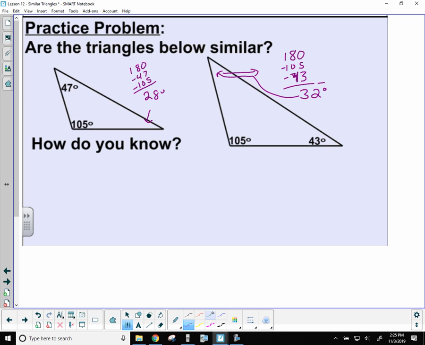Oh, already had an arrow. Make a better arrow. There we go. So angles are not congruent. We only have one set that is. We need at least two. So not similar. And I think you'll like the squiggly worm, the no smoking sign. Again, you can get that idea of not enough information like before.